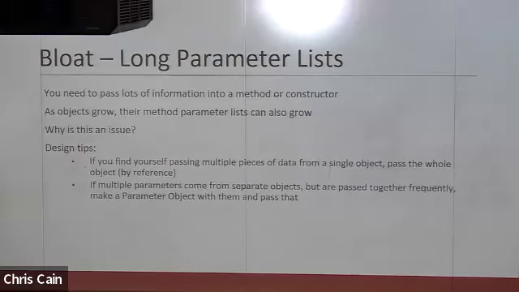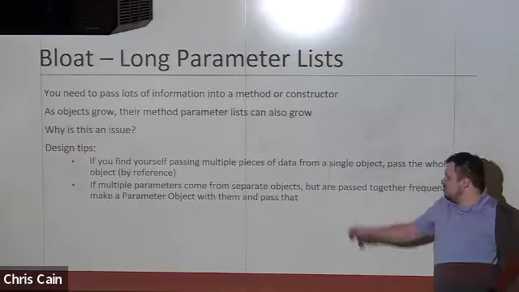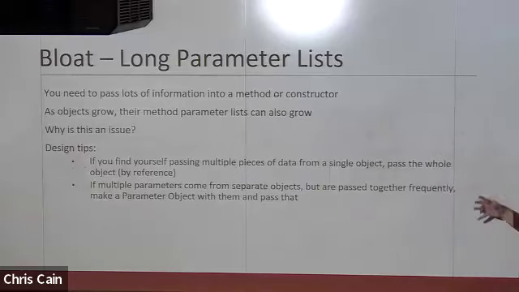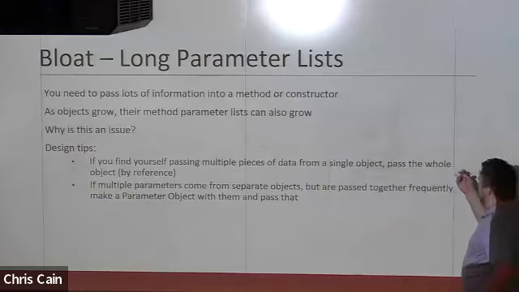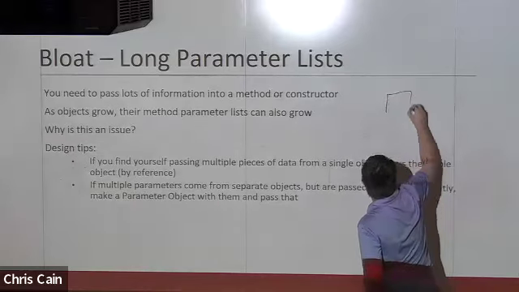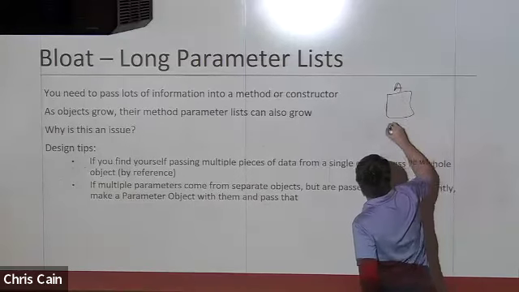One other place this could come from is if you have multiple parameters from different objects, but are passed together in a coupled way. So for instance, we have class A over here. We have class B over here.